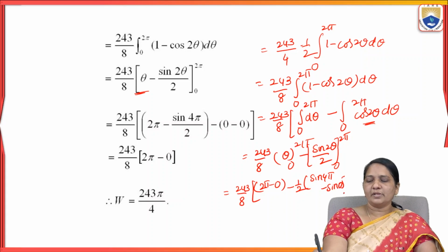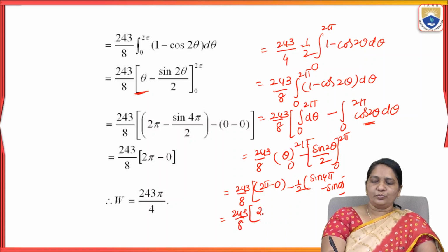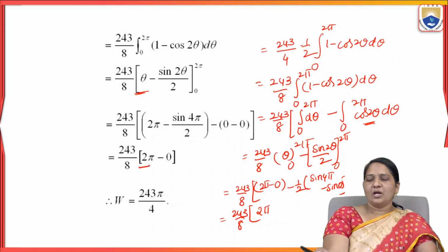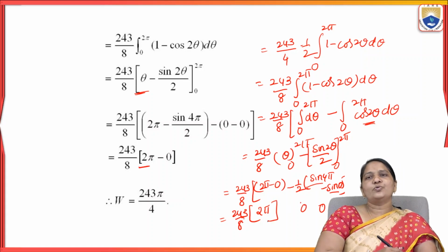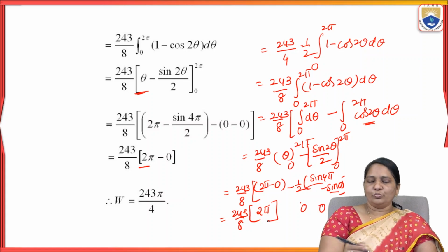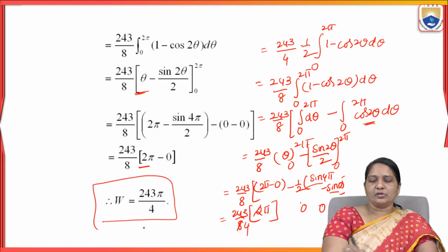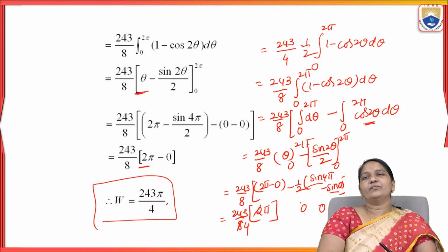Already we know sin n pi is 0, and sin 0 is also 0. So these two terms are 0. Finally we got 243 by 8 into 2 pi. So 2 cancels with 4, and finally the work done value is 243 pi by 4.